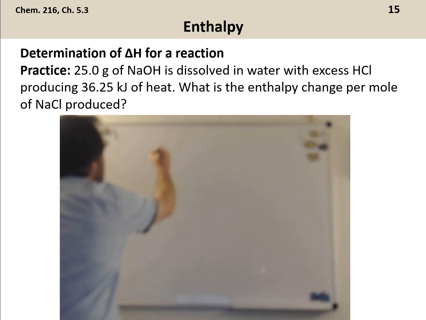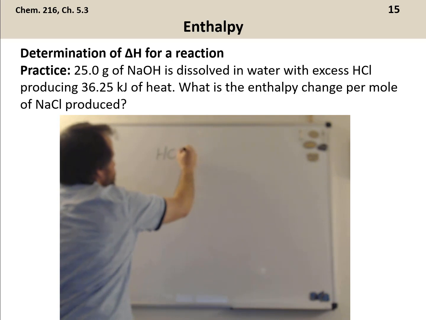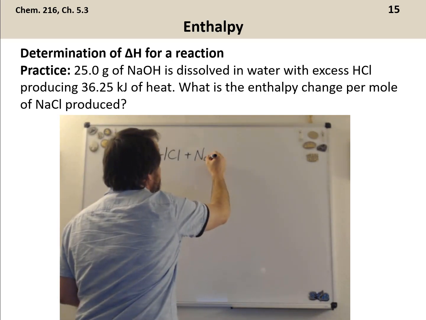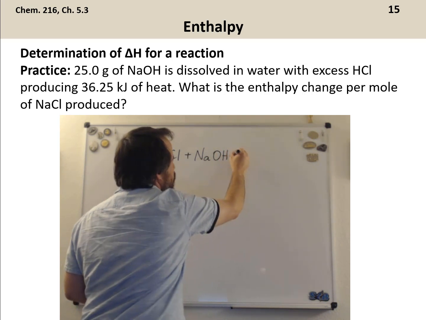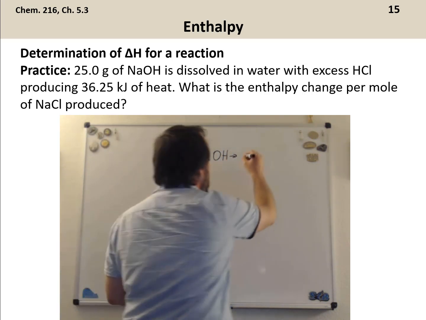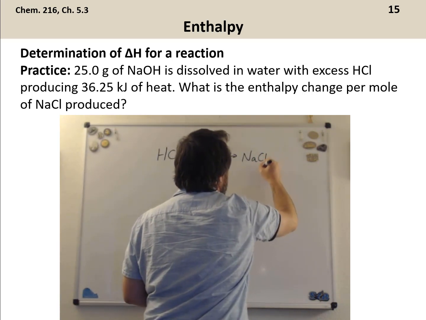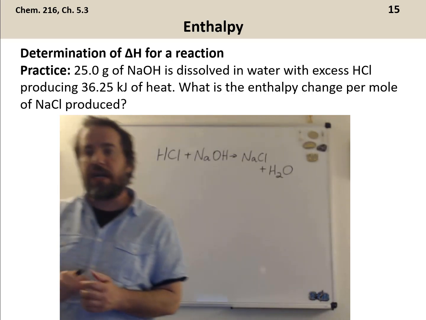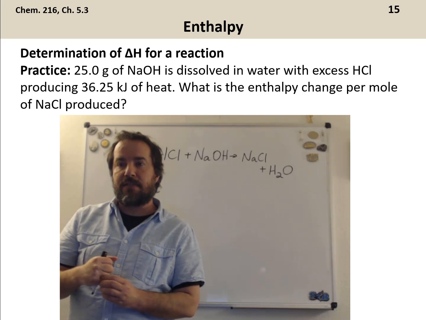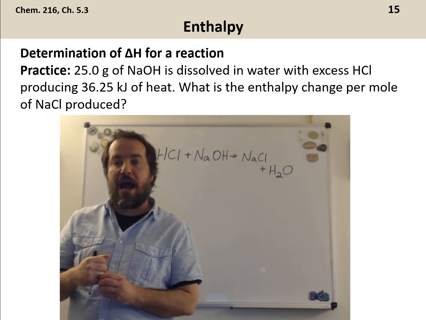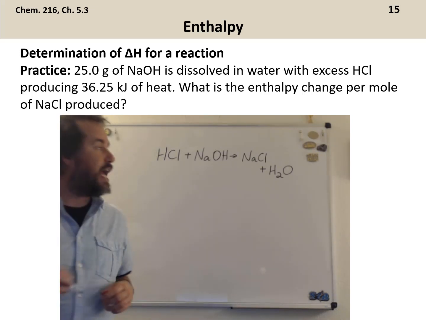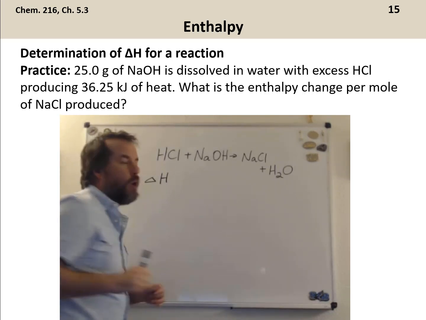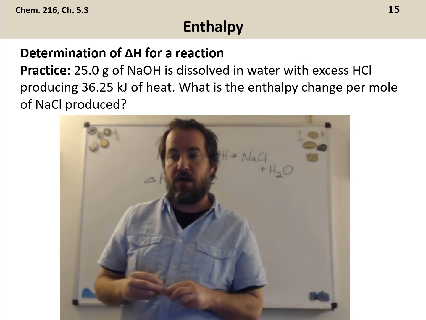Okay, so we're told we have HCl plus NaOH going to NaCl plus H2O. All right, so what we want to do is figure out, hey, what's my delta H per mole of NaCl?